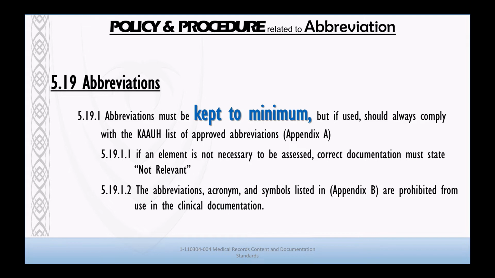You can see it on Appendix A. If an element is not necessary to be assessed, correct documentation must state not relevant. 5.19.1.2. The abbreviations, acronyms, and symbols listed in Appendix B are prohibited from use in the clinical documentation.